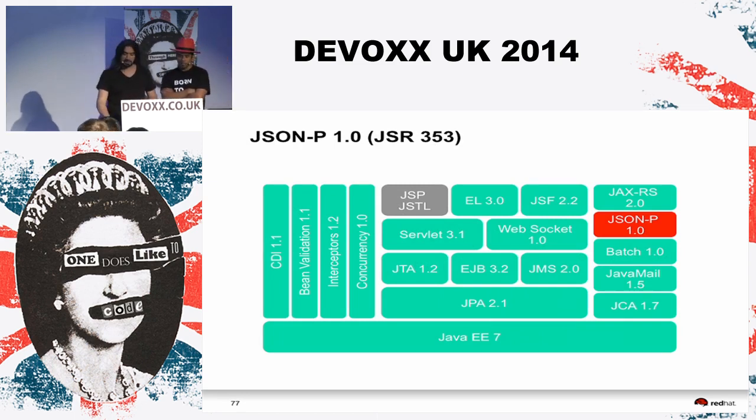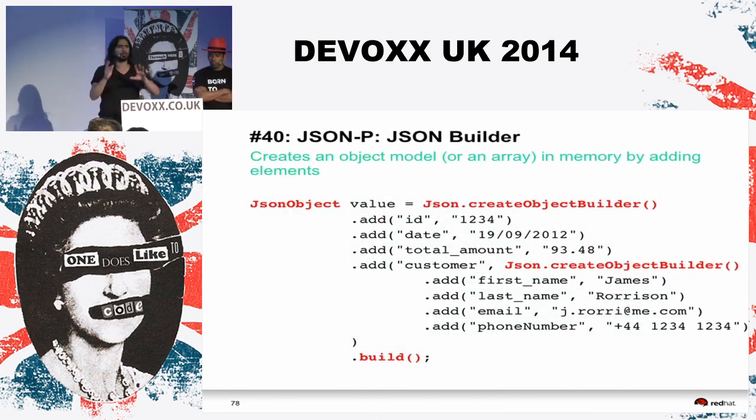Yeah, JSON-P, it's easy. JSON processing. For those of you who have followed, in XML, we have JAX-B for binding, JAX-P for processing. Now we have JSON-P, and maybe JSON-B will come in Java EE 8. So the idea is how programmatically with an API I create JSON objects.